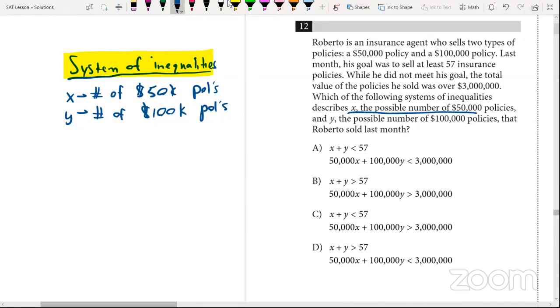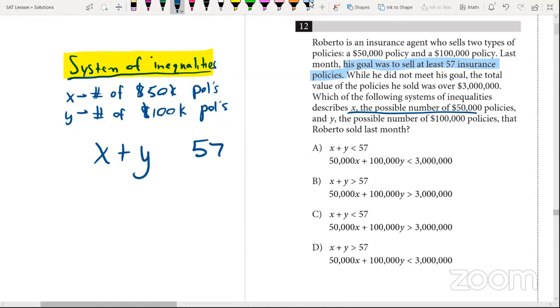So the question says his goal was to sell at least 57 policies. So X plus Y, if he sold 57, would be equal to 57. And if he sold at least 57, then more is okay.